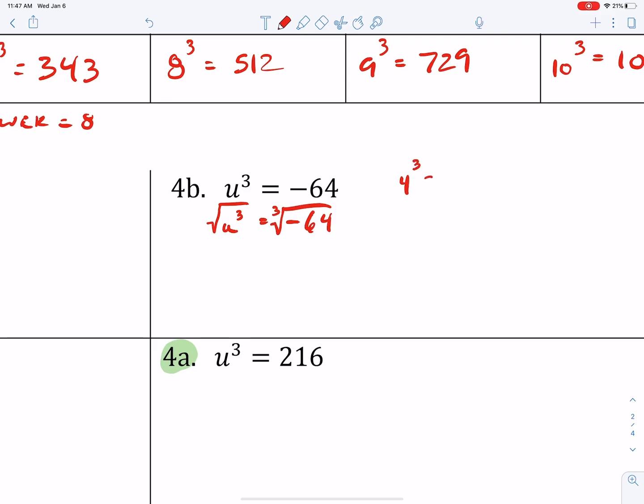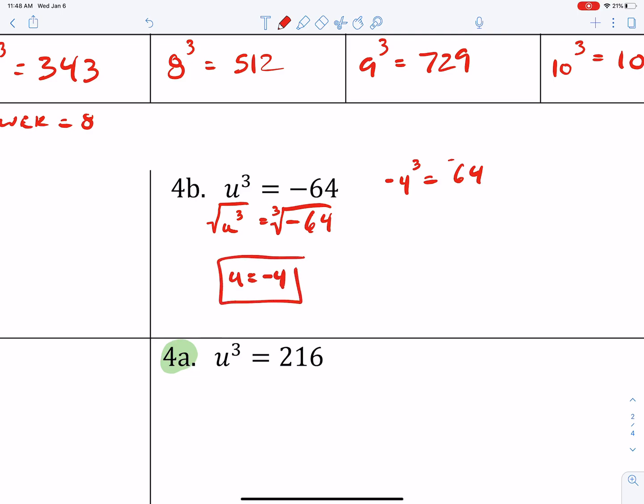Well, 4 to the third power is 64. So if I know that it's 4 to the third power is 64, well, I know that then negative 4 would give me negative 64. And we'll see that in a second, okay? So our solution is u equals negative 4.